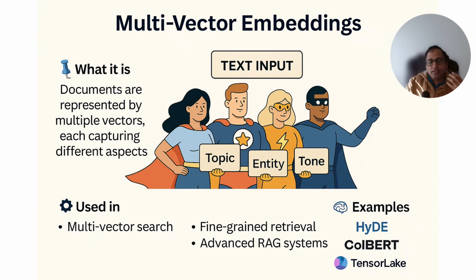This is incredibly useful for multi-vector search, fine-grained retrieval, or a very advanced RAG pipeline where we need to match on different semantic layers. So if you need a rich, flexible understanding of a long or complete text, multi-vector embeddings are the way to go.